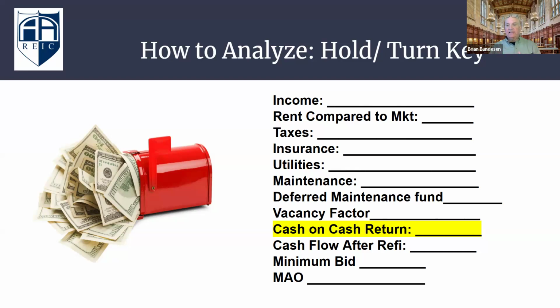You can get what's called a DSCR loan, which is a debt service coverage ratio loan. Unlike the BRRRR, where it didn't have tenants before and you're getting a new tenant, here you have tenants that have been paying, so it has a track record, and it's less risk for the lender.